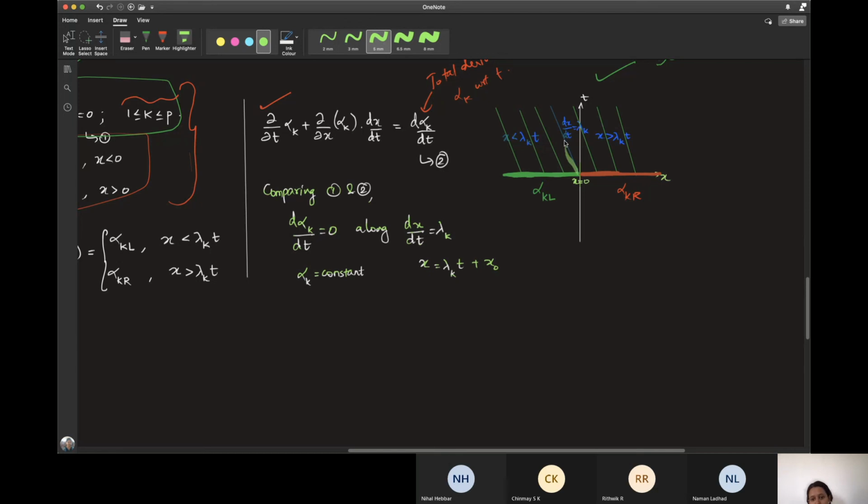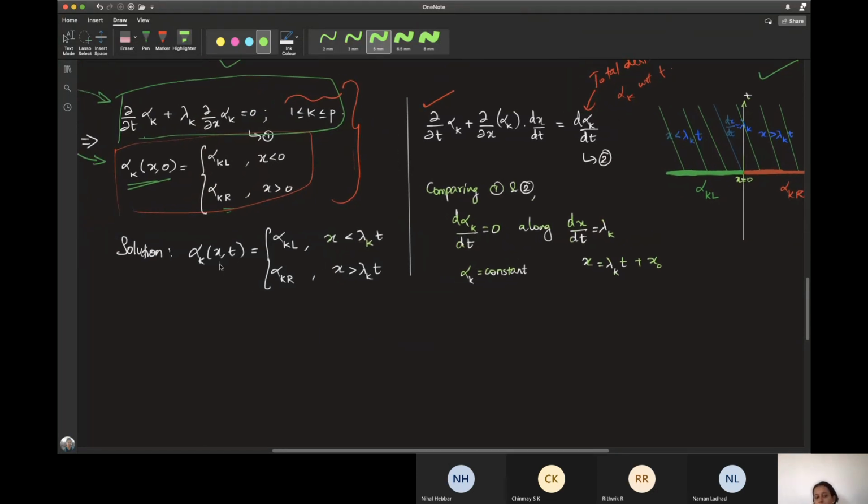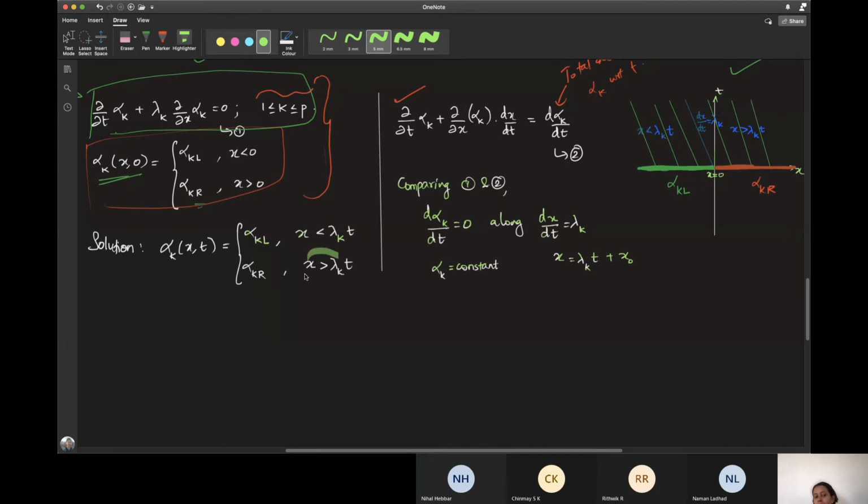So in this region your alpha k will remain constant, and in this region your alpha k will remain constant. That is, here you'll have alpha k equals alpha kl, and towards the right you'll have alpha k equals alpha kr, and that splitting line is x equals lambda k t plus 0. So for x less than lambda k t, you have alpha k equals alpha kl, and for x greater than lambda k t, you have alpha k equals alpha kr.